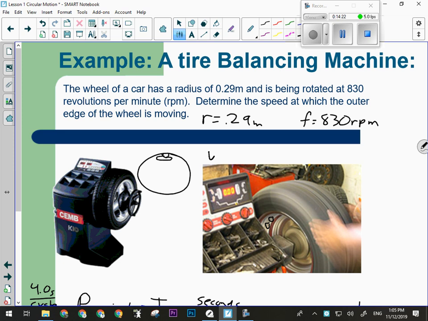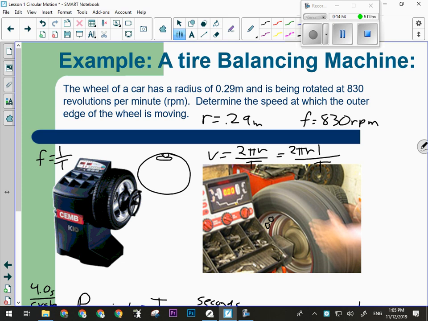So the formula we have is v equals 2 pi r over T. I don't have T, I have f. But I do remember that f equals 1 over T. Are you okay with that? If I look at this formula, could I say that this is 2 times pi times r times 1 over T?